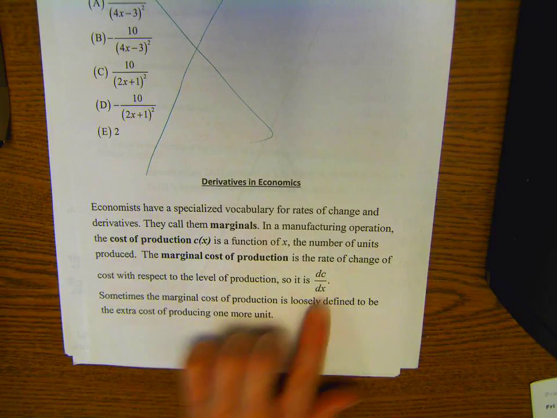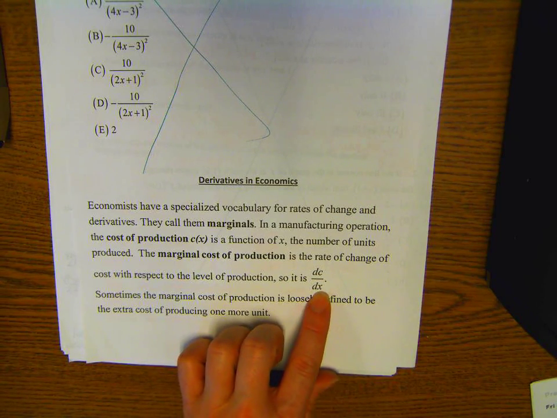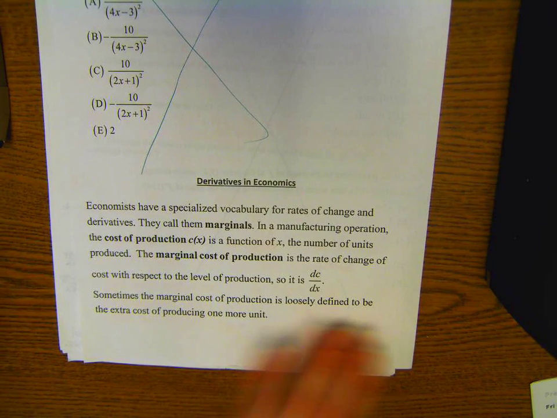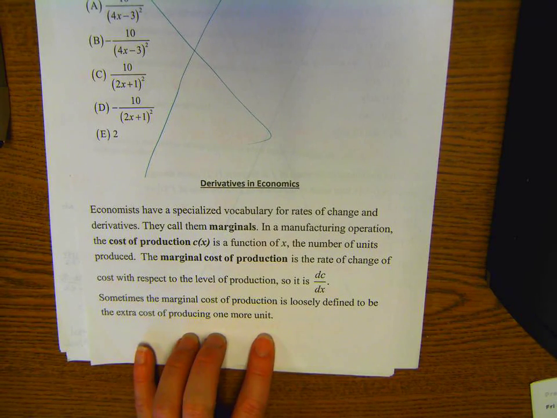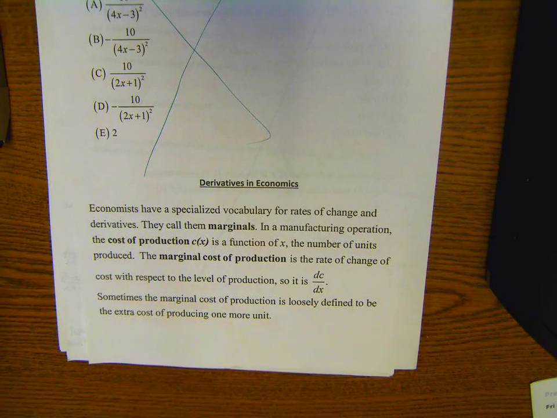So it's basically dC/dx, which in common terms, that's the derivative. Sometimes the marginal cost of production is loosely defined to be the extra cost of producing one more unit. And so it's basically maybe helping somebody figure out, is it worth it to produce more units, because it's going to give them a per unit increased cost.